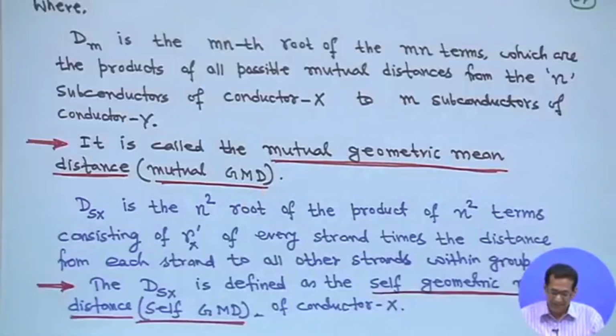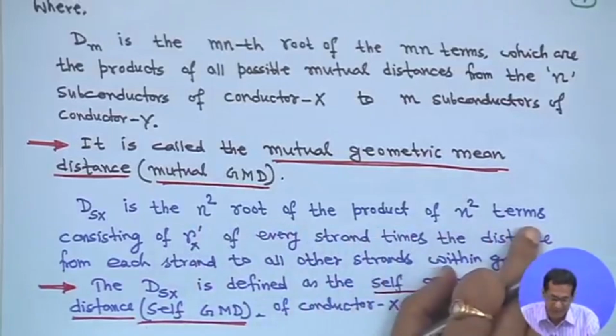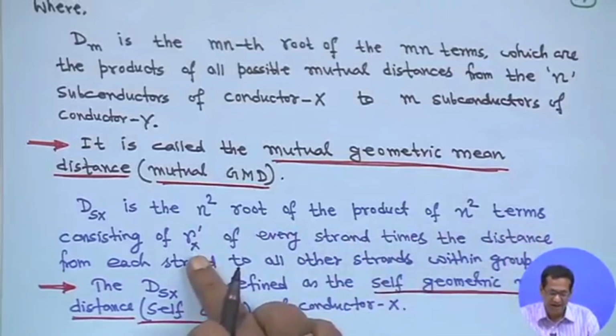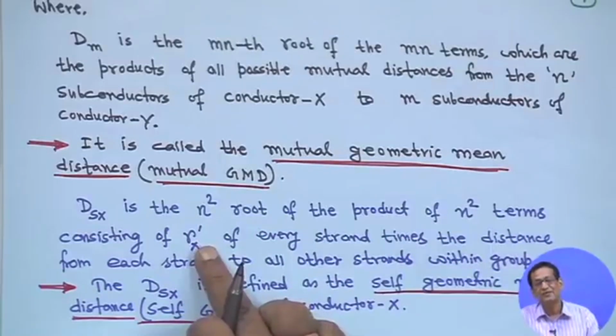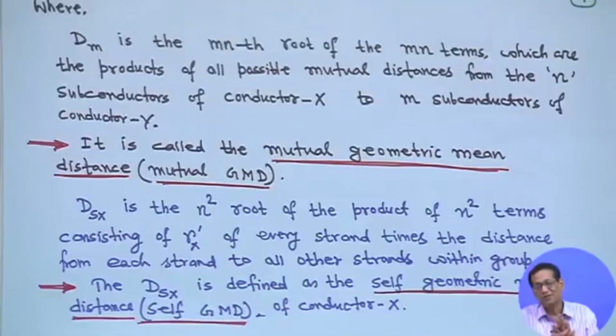Similarly, DSx is the n square root of the product of n square terms consisting of Rx dash, that is DAA, DBB, all are basically the fictitious radius Rx dash, and suppose in a group n number of subconductors are there.